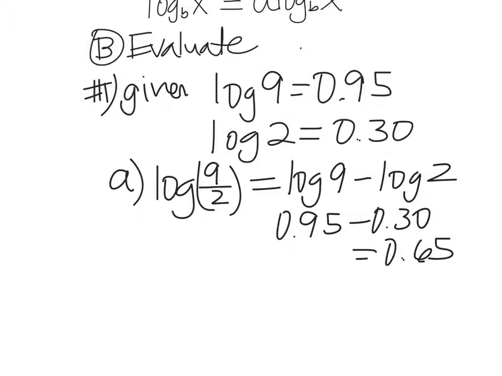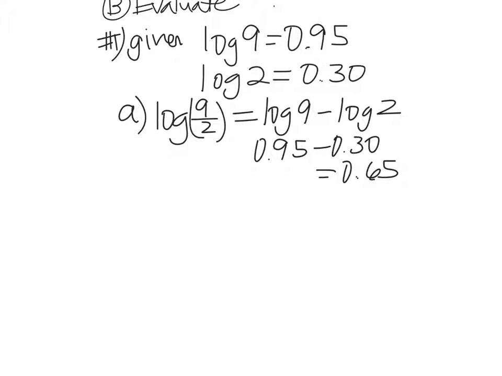All right, let's do a harder one now. Let's do log of 8. Just given those 2 pieces of information, what is the log of 8? Well, I got to figure out a way to get 8 in terms of 9 or 2. And you always are thinking exponents when you're doing logs.